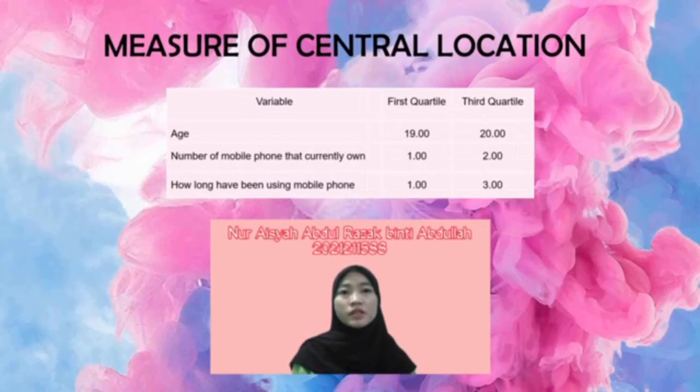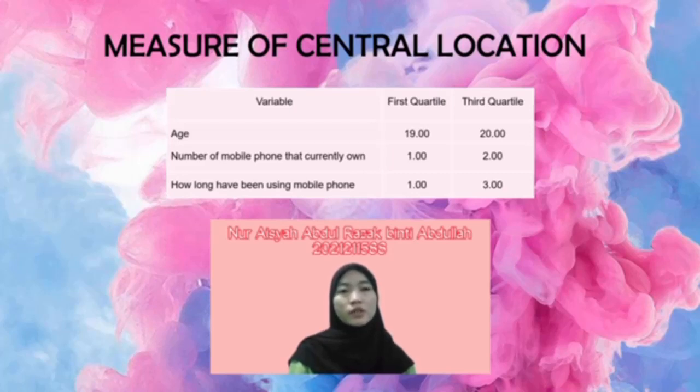Next is measure of central location. For variable age, the first quartile is 19, which indicates that 25% of students are younger than 19 years old, and 75% of them are older than 19 years old. However, the third quartile of 20 indicates that 25% of students are older than 20 years old.